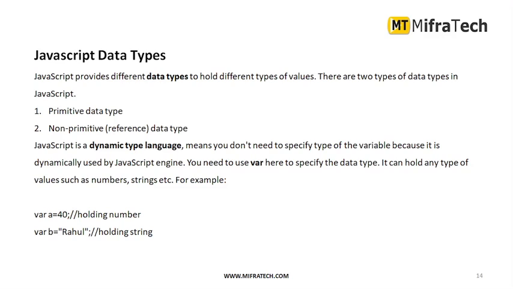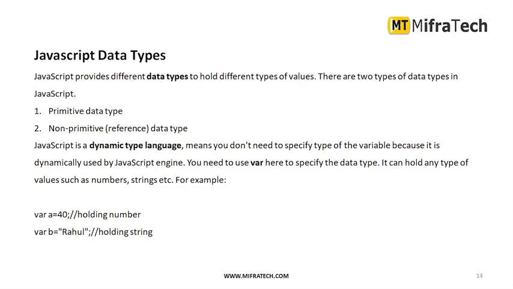JavaScript data types. JavaScript provides different data types to hold different types of values. There are two data types in JavaScript: primitive data types and non-primitive data types. Non-primitive refers to a reference data type. JavaScript is a dynamically typed language, meaning you don't need to specify the type of the variable because it is determined dynamically by the JavaScript engine.